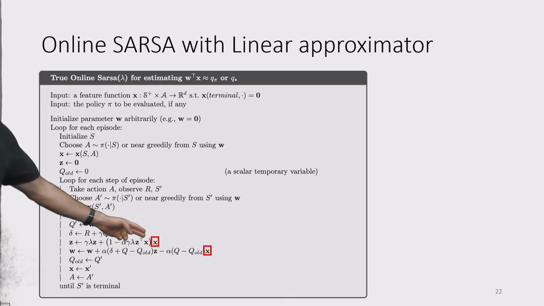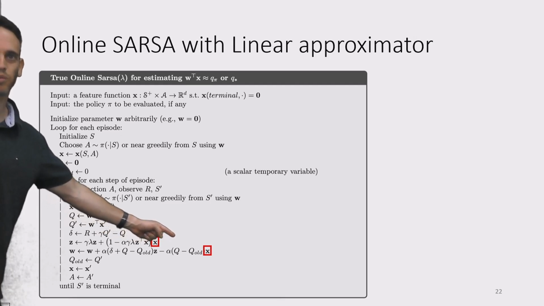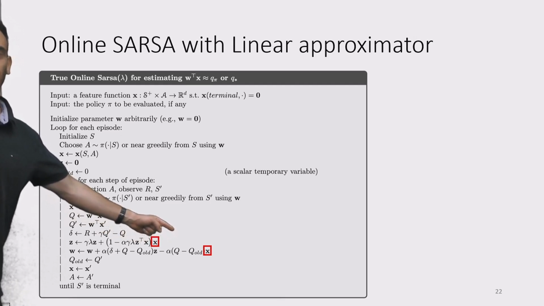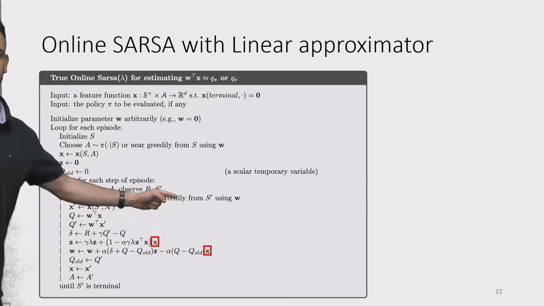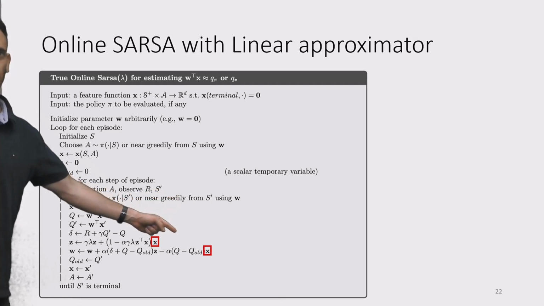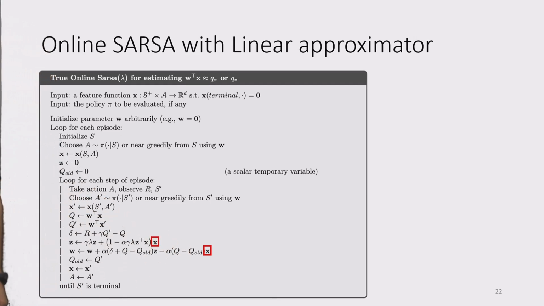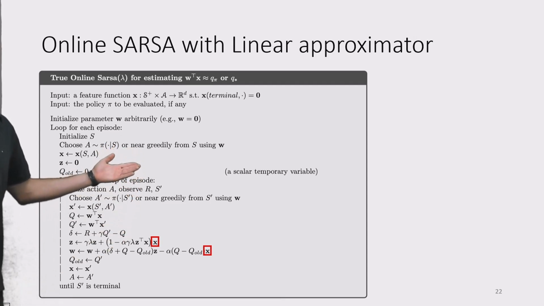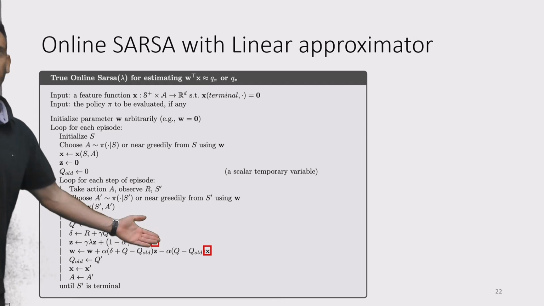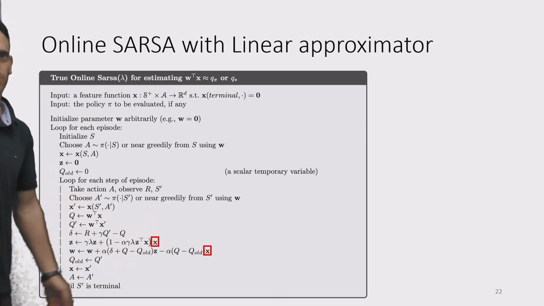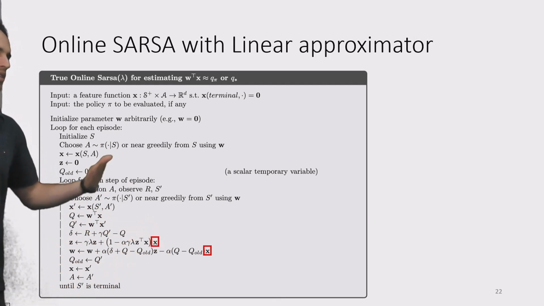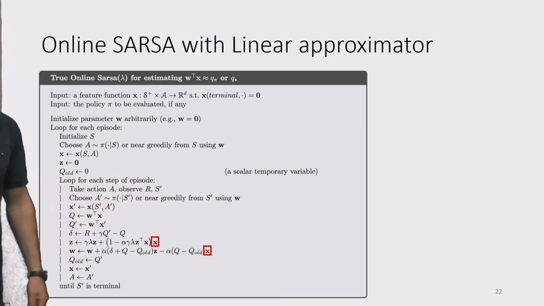You can see that in this pseudocode, the gradient of the function approximator with respect to the tunable parameter is simply x. And this is the case for a linear approximator, right? We saw that before, but of course we can extend this to other types of approximators. We'll just have to take care of or set up the correct gradients. For instance, a deep neural network with a backprop algorithm.